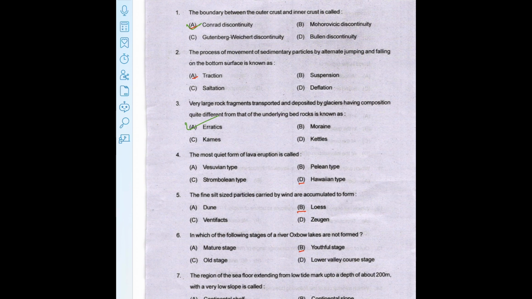First order discontinuities are found to be present universally. If you say this is the earth, we have three layers: crust, mantle, and core.